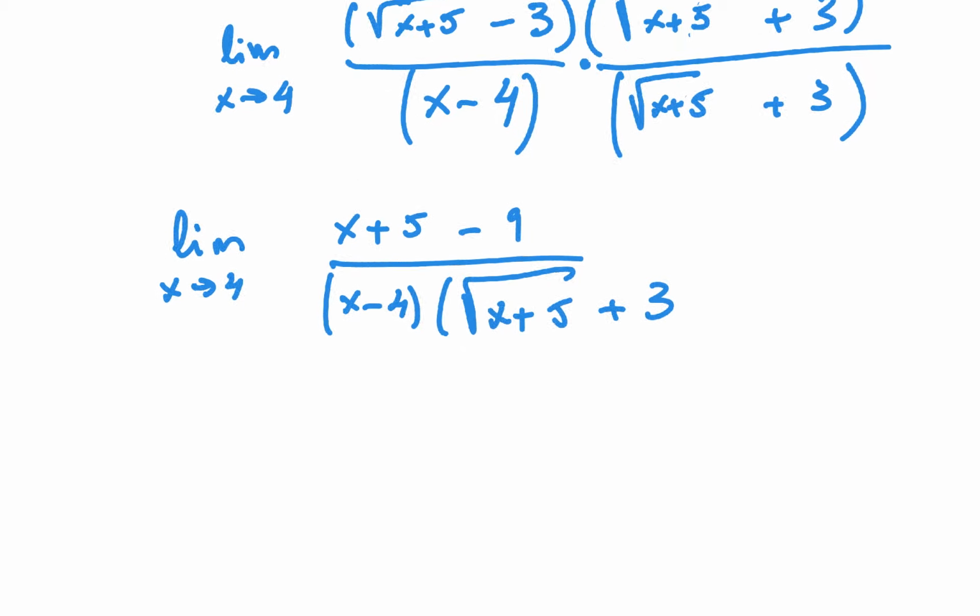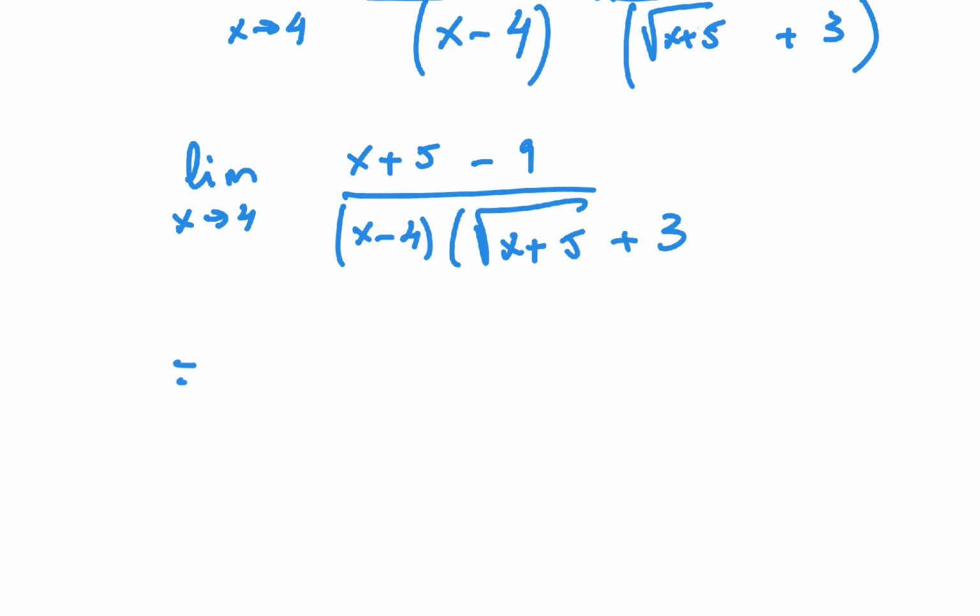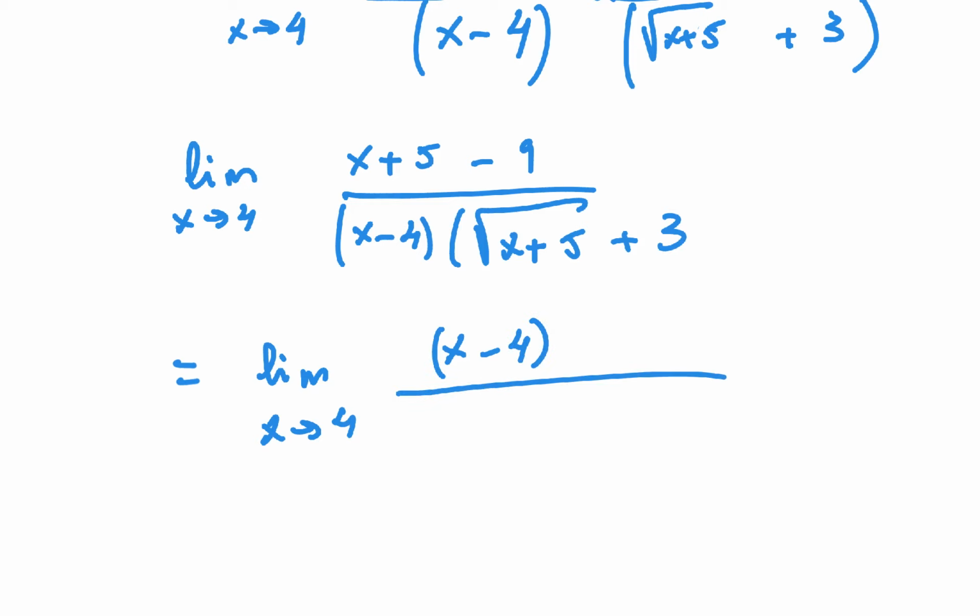So it will be equal to the limit when x tends to 4 of x plus 5 minus 9, which is x minus 4, divided by x minus 4 multiplied by the square root of x plus 5 plus 3.